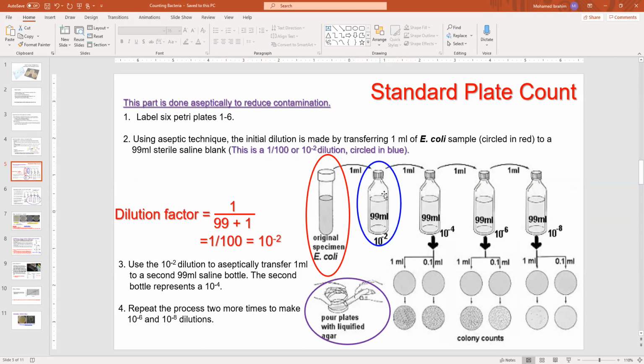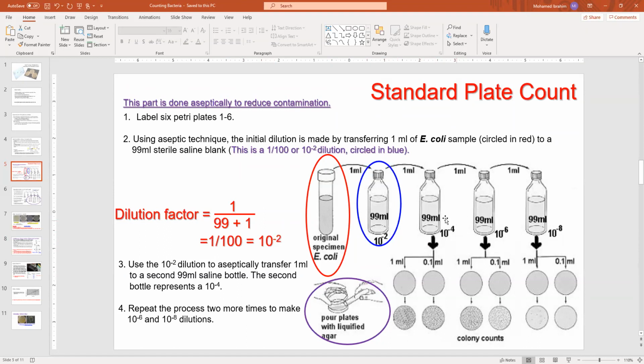Then if I take 1 ml from this dilution and transfer it here, the dilution factor is again the same, 10 to the minus 2, but there is something called the total dilution. The total dilution is 10 to the power of minus 2 times 10 to the power of minus 2 for the other bottle.